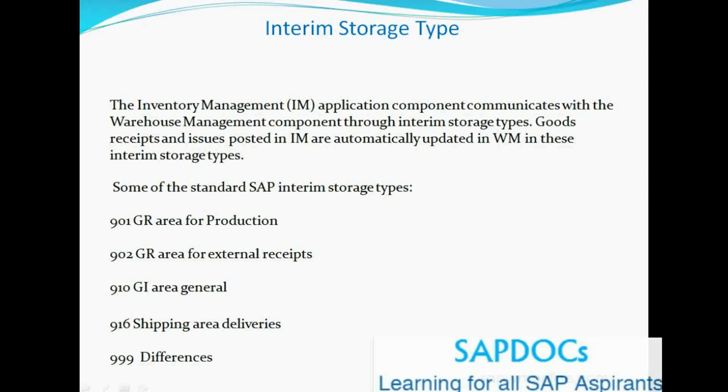Further, if you do a goods issue, the status of the delivery is goods movement completed and the stock has moved out of the warehouse. So we have many other interim storage types used for those specific purposes. What you see on the screen is only a partial list of the important interim storage types.